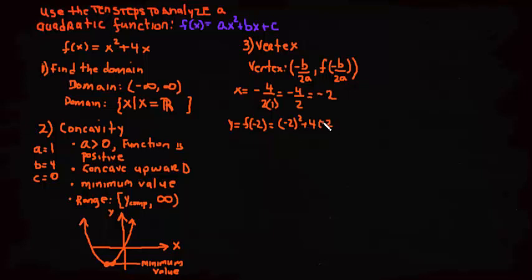Negative 2 times negative 2 is positive 4, and then plus 4 times negative 2 is negative 8. So our y component of the vertex is going to be negative 4. So the vertex in this case is going to be equal to negative 2 and negative 4. Everybody see that?